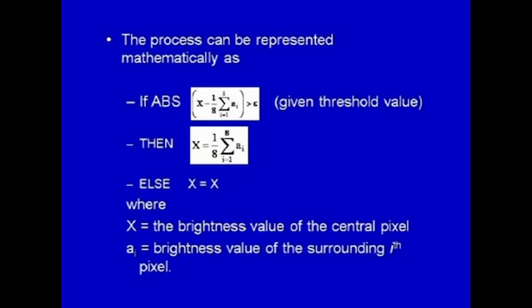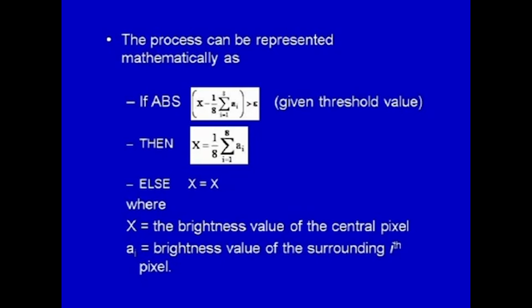This process can be represented mathematically as: if the absolute value of x minus 1/8 summation of A_i, where i is from 1 to 8, is greater than epsilon, which is the given threshold value, then x would be assigned the average value of all the 8 neighborhood pixels, represented by the equation x equals 1/8 summation of A_i, where i varies from 1 to 8.